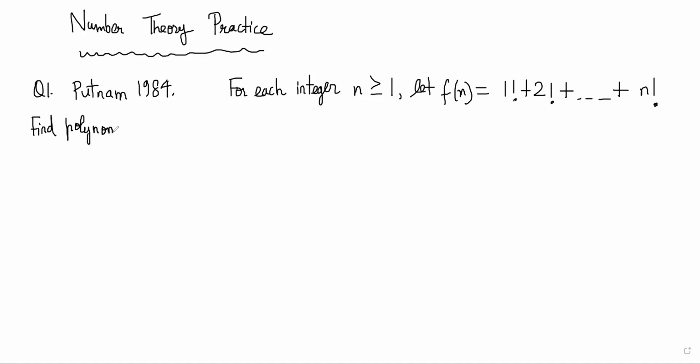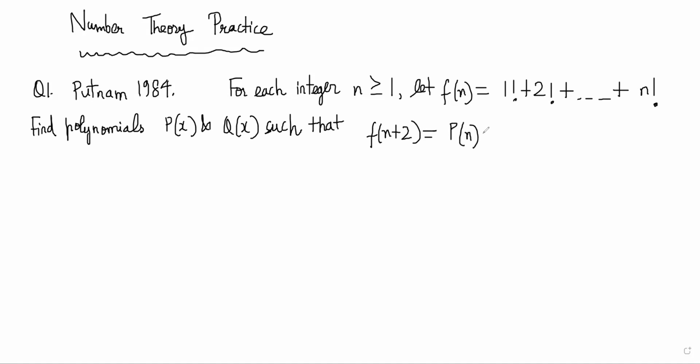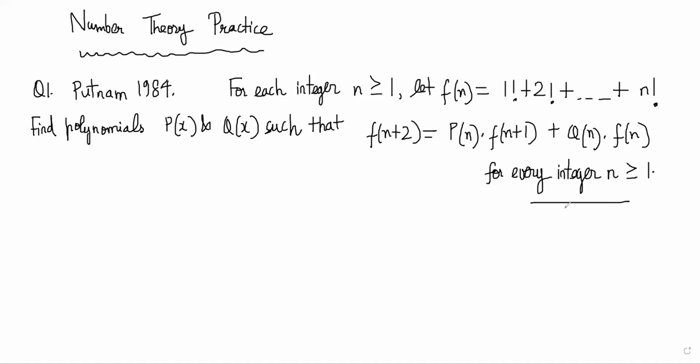Find polynomials p of x and q of x such that f of n plus 2 is equal to p of n times f of n plus 1 plus q of n times f of n for every integer n greater than or equal to 1.